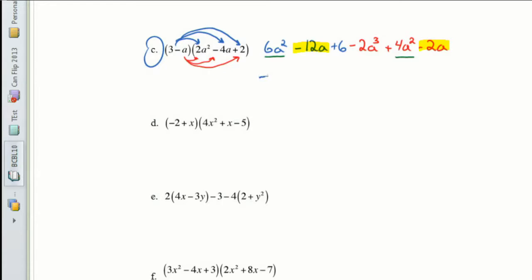So I'm going to write this as negative 2a cubed, and that's this guy here. Then I look for my a squareds. I have 6, and then I'm going to add 4. So plus 10a squared. So that gets rid of my a squareds.